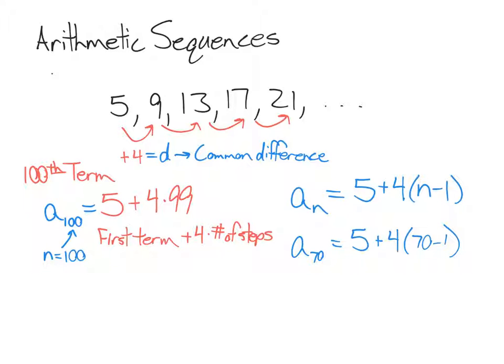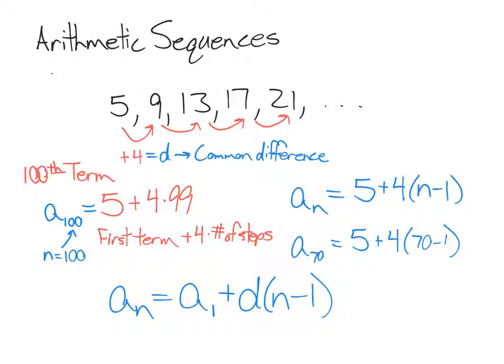So here's the formula that would be helpful to remember. 5 is our first term, right? So we're going to say that a sub n is the first term, a sub 1, plus the common difference. What do we use to represent the common difference? D, and then that's times the n minus 1.